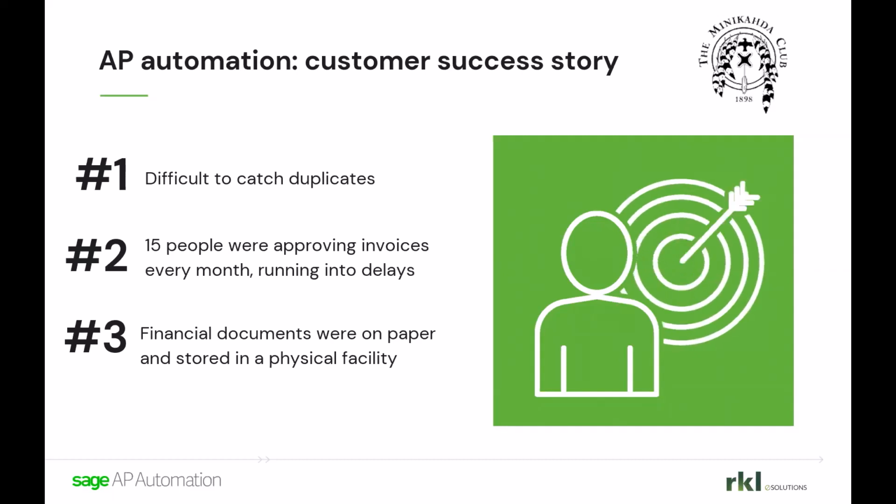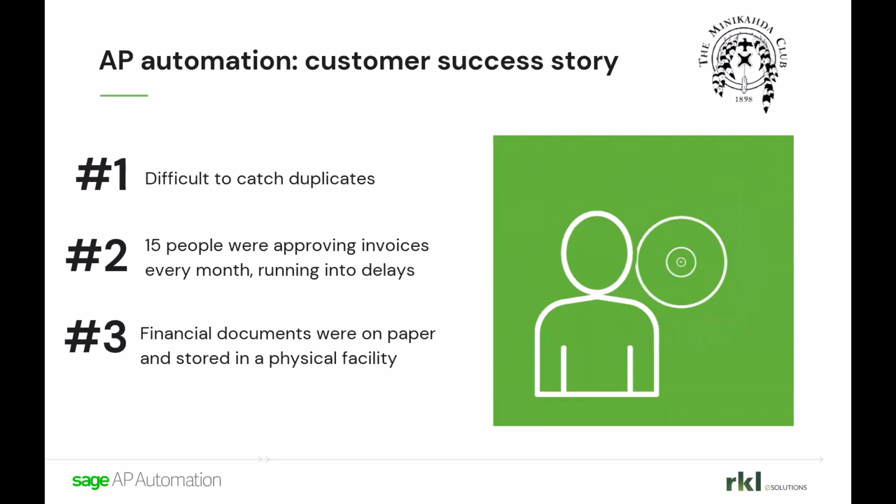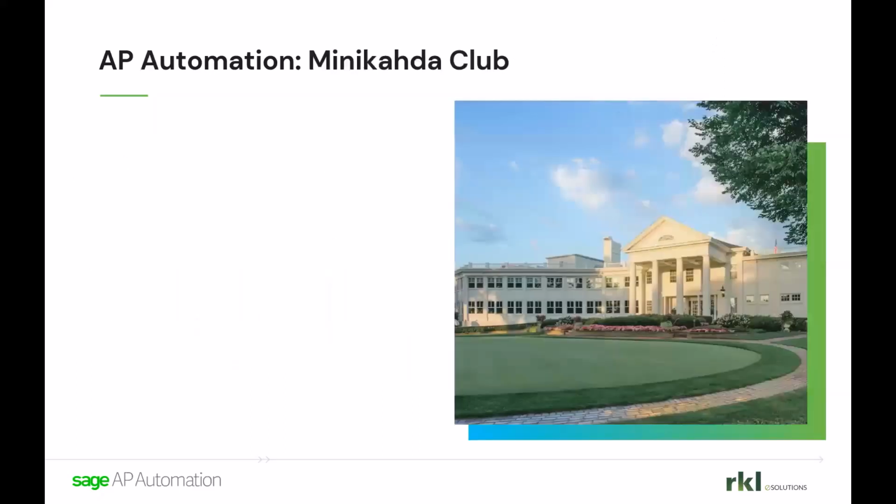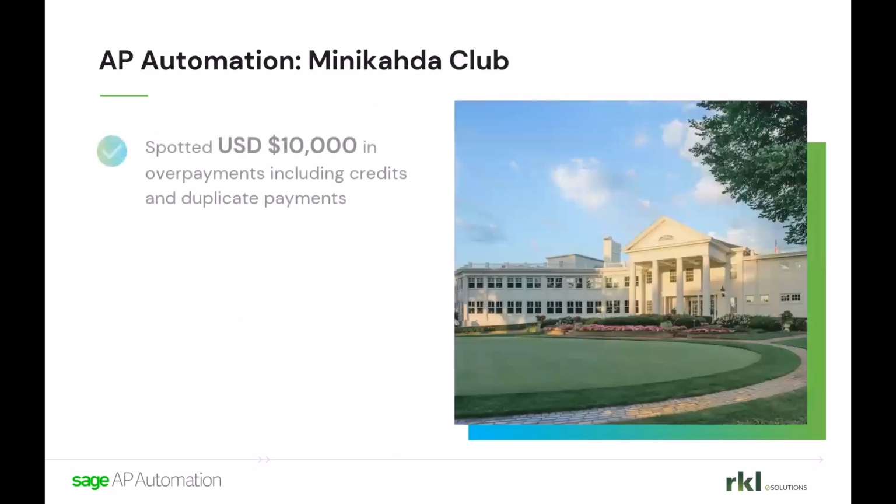So what was critical for Minikata's AP team was really taking back some control over their financial processes and tackling the issues such as the duplicate invoices. So then with the AP automation, the golf club was able to spot $10,000 in overpayments, including credits and duplicate payments.